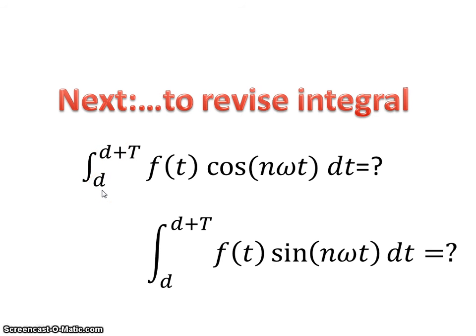If we are considering the formula of a general Fourier series expansion, then the boundary starts from D to D plus T. But if we consider the boundary for the formula of an odd or even function, then it must start from 0 to T over 2. So that's all for now.